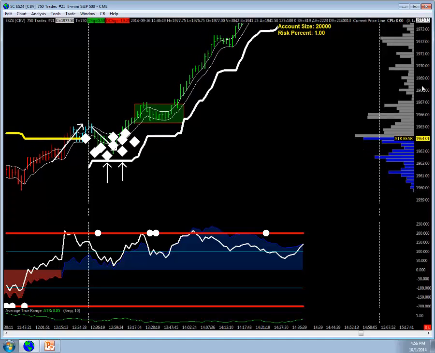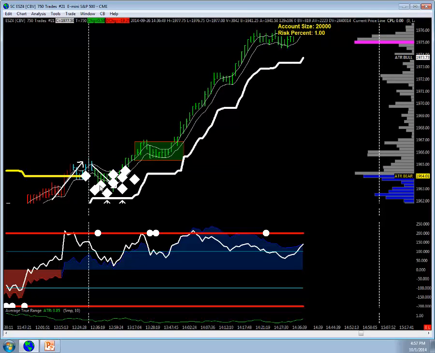Okay, so the entry would be on the bull stacker. Again, we're talking about the bull case here. It would be a bear stacker for a short. All right, and then as the price is moving up, every time it makes new highs, you see it ratchets a little bit.